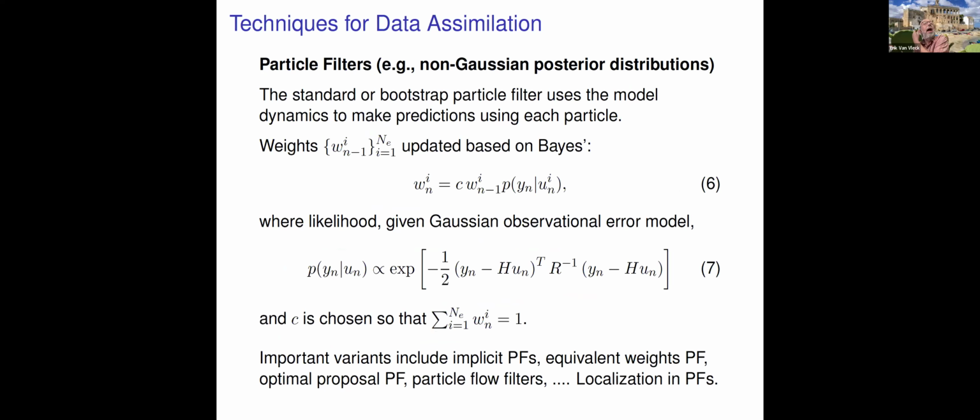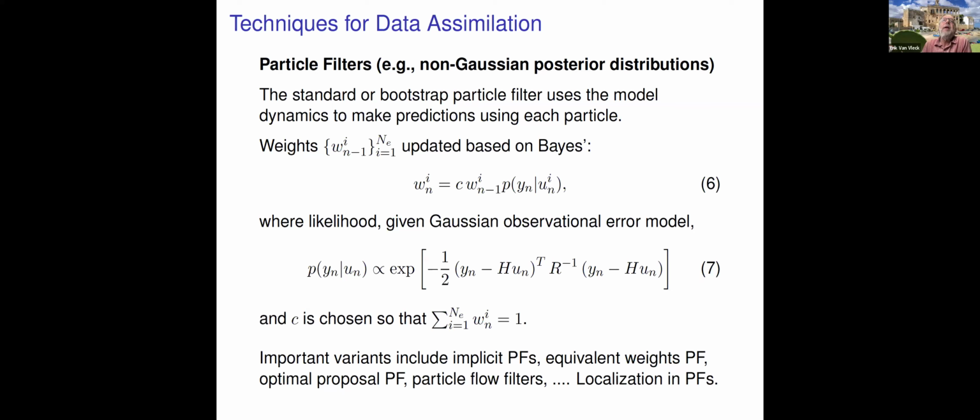Okay, another class of methods that I've been interested in are called particle filters. Particle filters basically do a particle update, which is like a forecast, and then we do a weight update, which is based on Bayes' theorem. Each of the particles is given a weight.